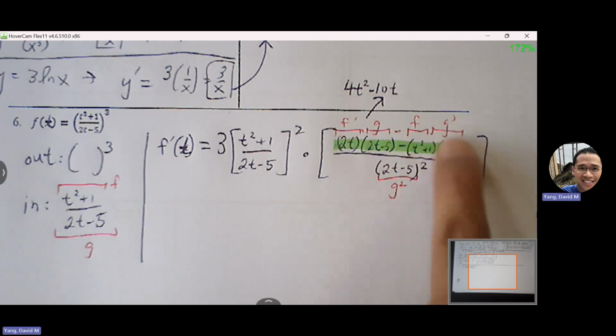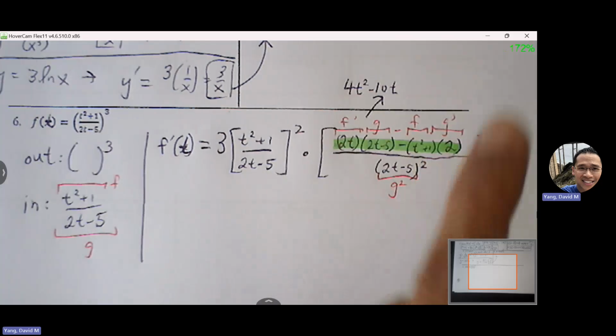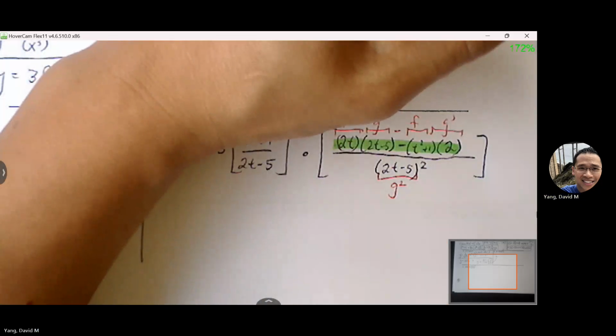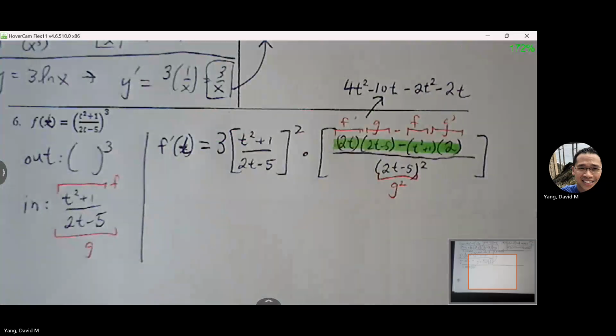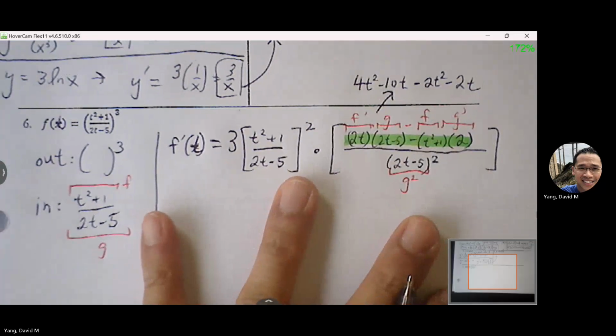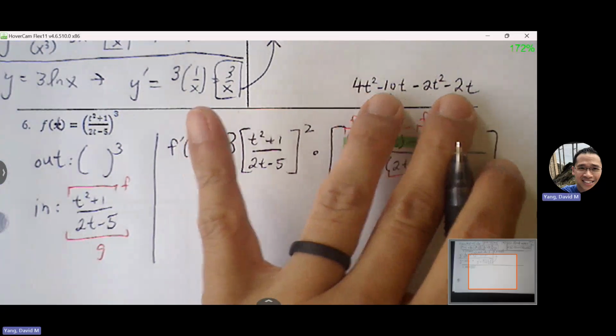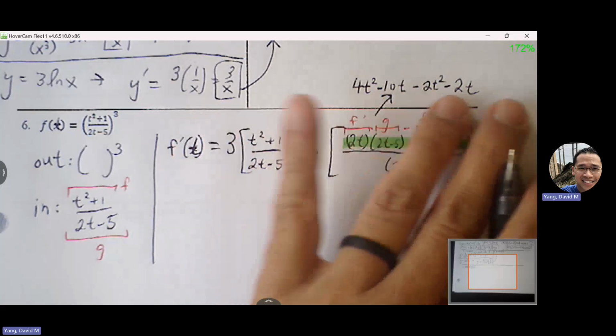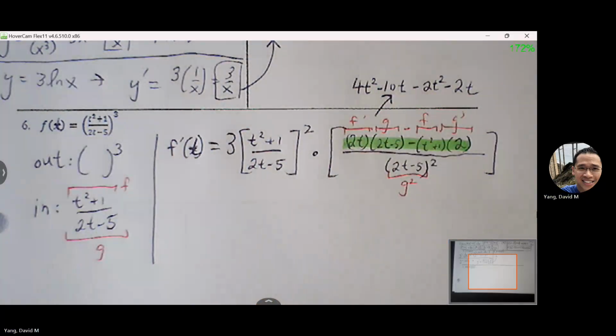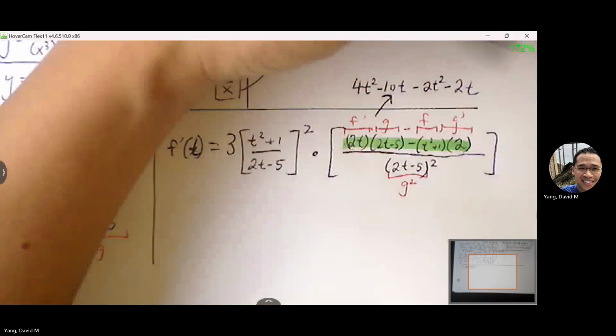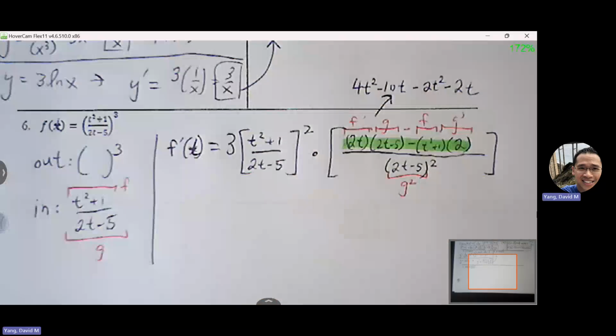I'll just make it a -2 distributed through the t squared plus 1. And this becomes 2t squared minus 10t. Oops, sorry, 2t squared minus 2, not minus 2t.